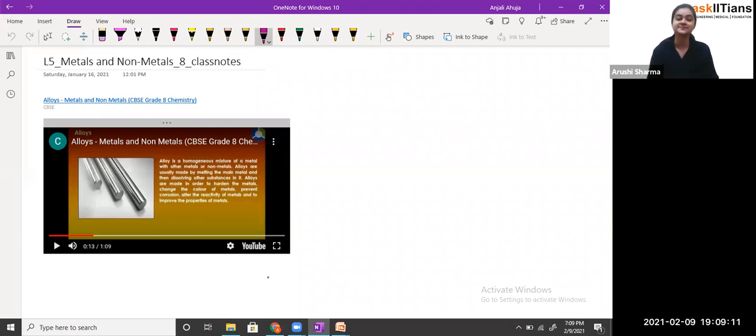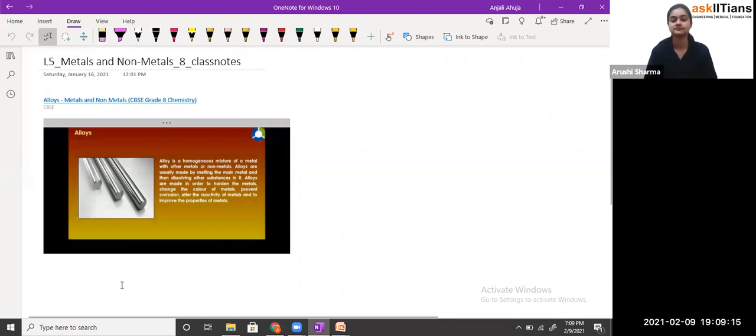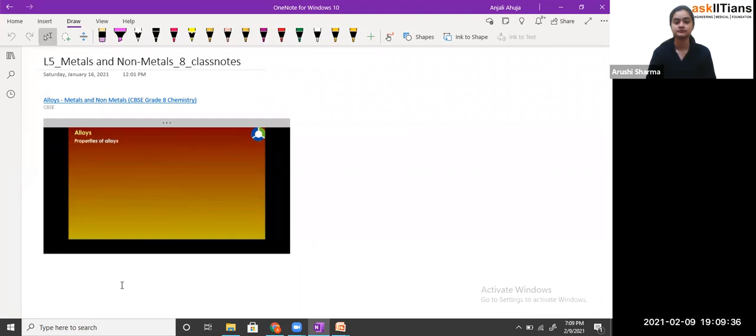Usually made by melting the main metal and then dissolving other substances in it. Alloys are made in order to harden the metals, change the color of metals, prevent corrosion, alter the reactivity of metals, and to improve the properties of metals. Properties of alloys.